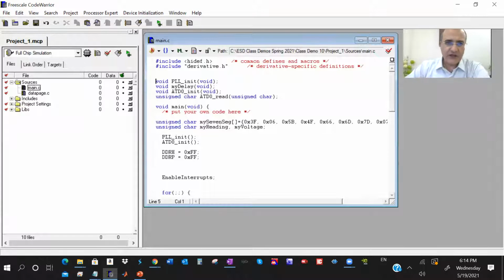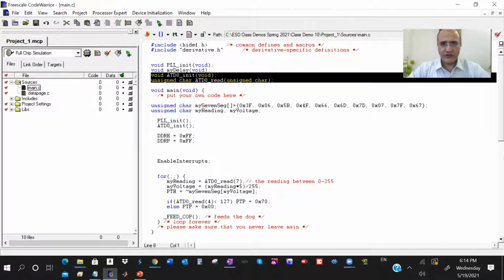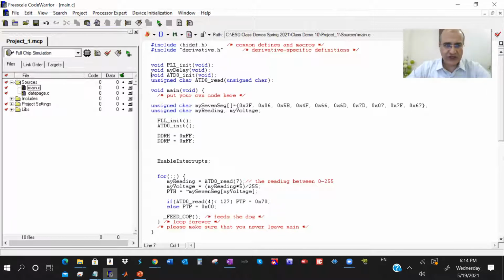First, the PLL function, we wrote it together, right? To raise the operating frequency to 48 megahertz. I have my delay function. We wrote it together. Now today we're going to write these two functions, which are important: A to D0 init, to initialize the analog to digital converter, and A to D read.